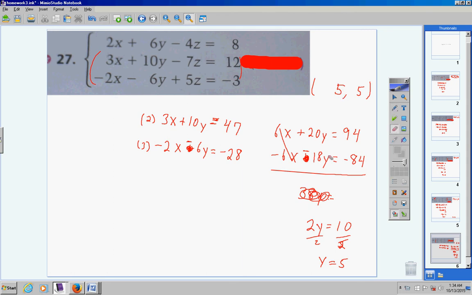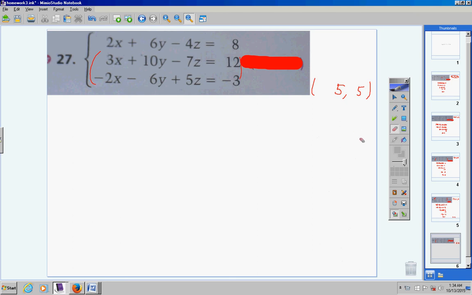So now I know the answers to y and z, correct? Sure, I do, y and z. So if this is y and this is z, then I can substitute y and z into one of these equations and solve for x. So negative 6 times 5, positive 5 times 5 equals negative 3. Negative 2x, negative 30, positive 25 equals negative 3.